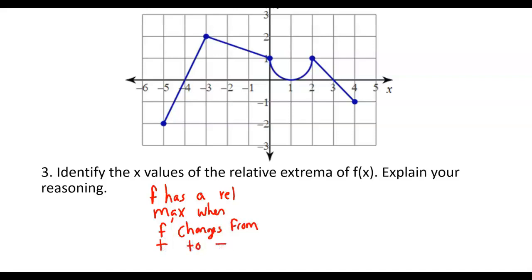Okay, now where does that happen? Well, that means this graph up here, f prime, would be going from above the x-axis to below. And that happens right here. Right now we're above the x-axis, so f prime is positive there. But then after that, it's below the x-axis, so there f prime is negative. So as we go from here to here, f prime is changing from positive to negative. And so that happens right there at x equals 3.